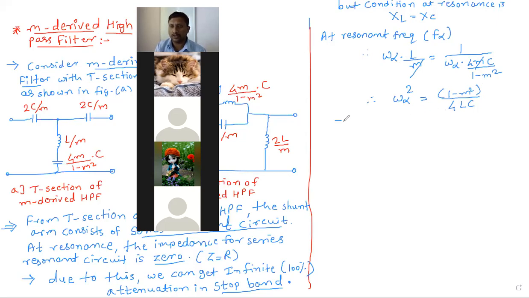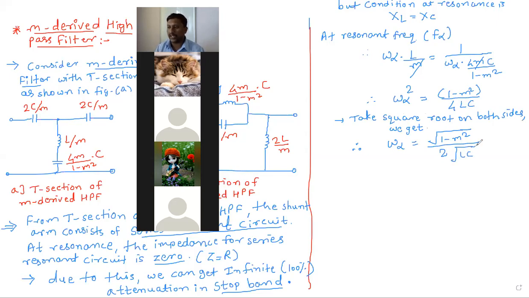So take the square root on both sides. We get omega alpha is equal to the square root of 1 minus m square divided by 4 under root, which gives 2 into the square root of LC. So that we are getting here.